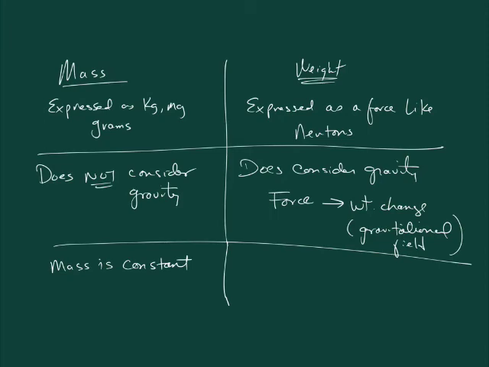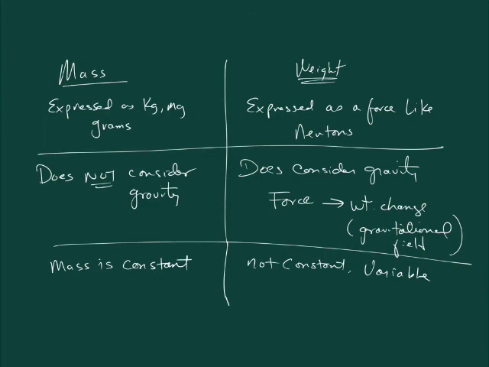On the other hand, weight is not going to be constant. In fact, what happens here is actually variable. And the reason it's variable is because the force that acts upon that particular object is going to change depending on where you position it, the location that it's located at.